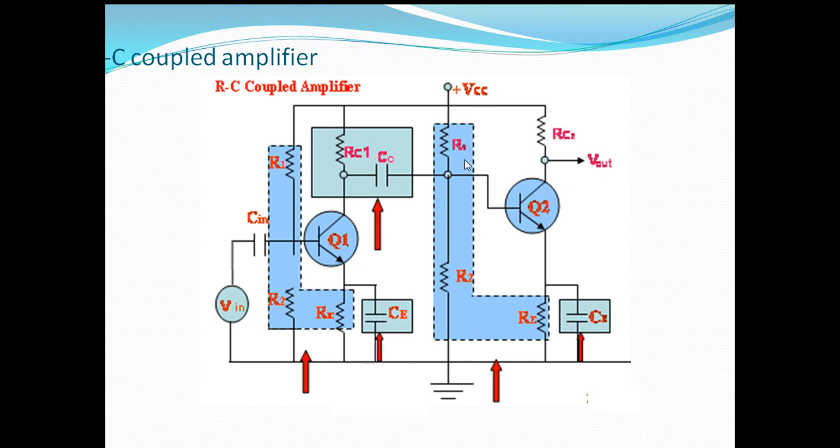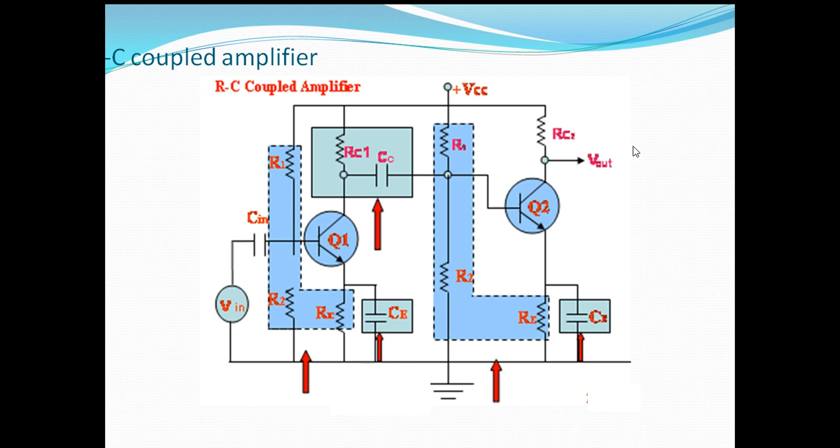The similar operation applies for the second stage of the CE amplifier, and these two are connected through a capacitor. This capacitor eliminates any DC in the output signal. Since we are using DC, that DC is eliminated by this coupling capacitor, and it provides only pure AC to the next stage of the amplifier.